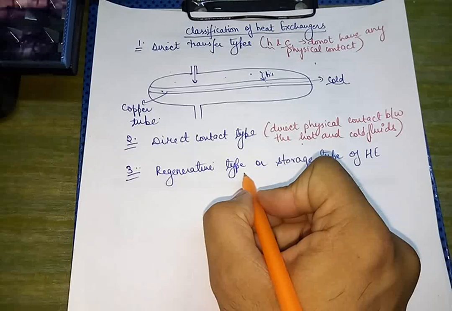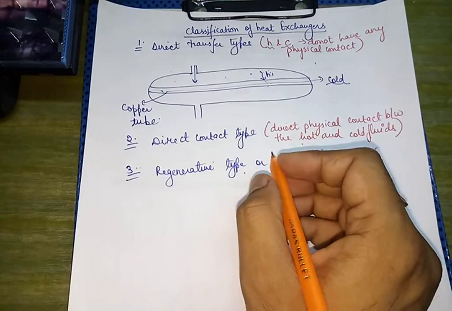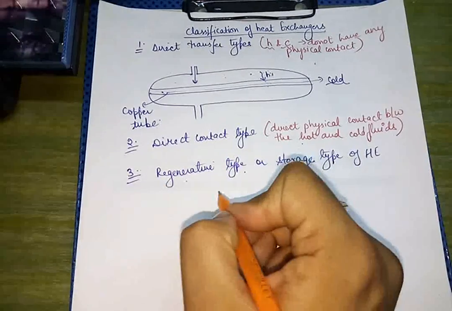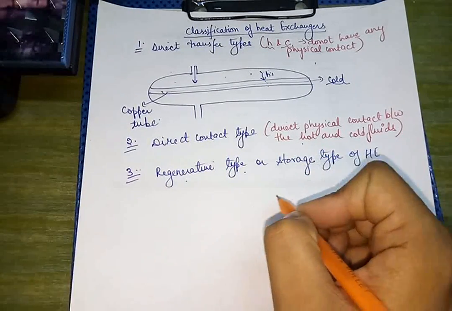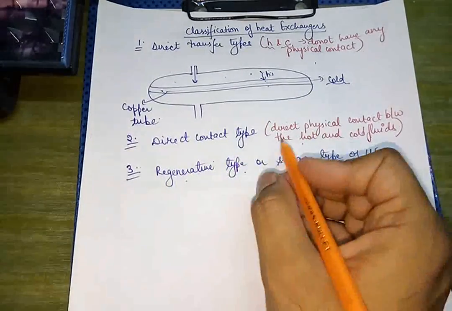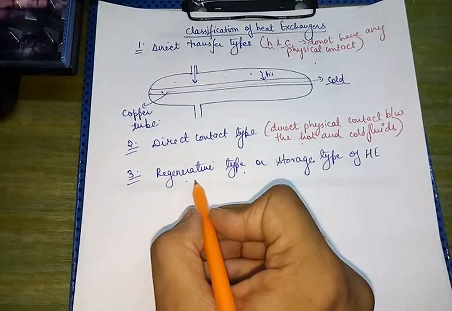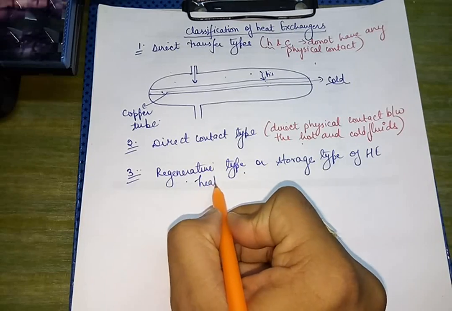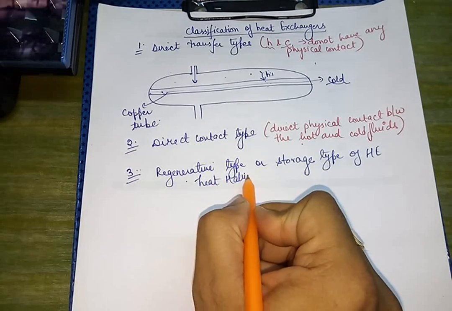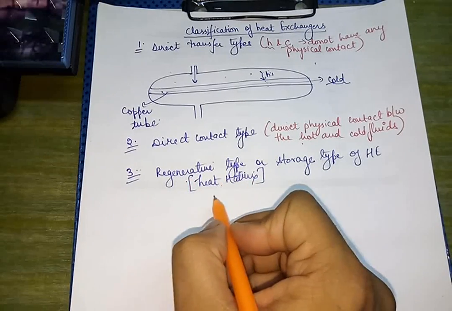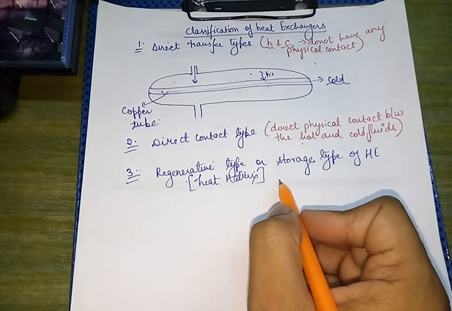Now in case of the regenerative or the storage type, there is actually a matrix and the cold and the hot fluids alternatively pass through that matrix and they exchange the heat. The diagram is quite complicated, so I'm not drawing it. I'm just telling you that it uses a heat matrix.